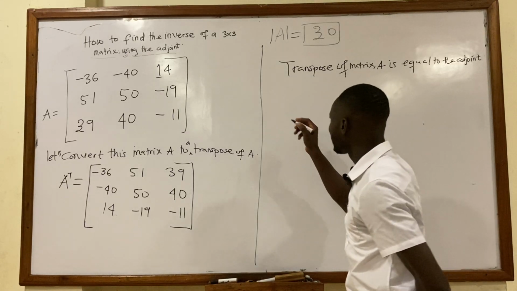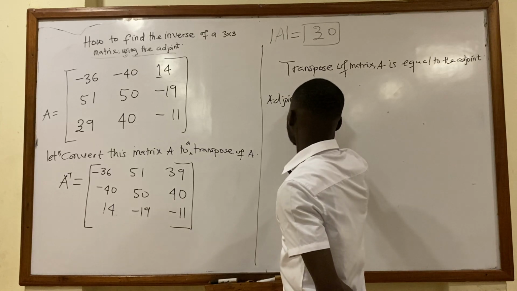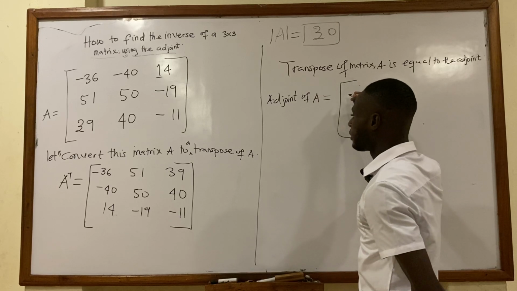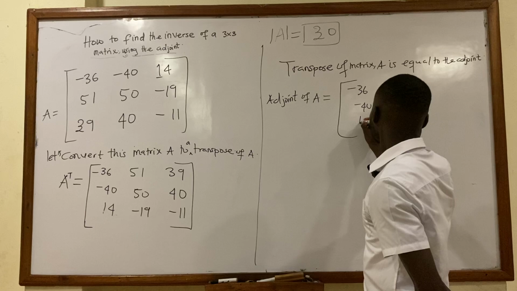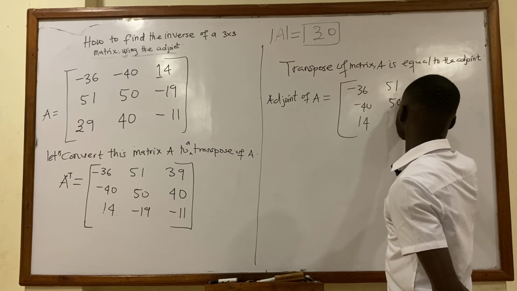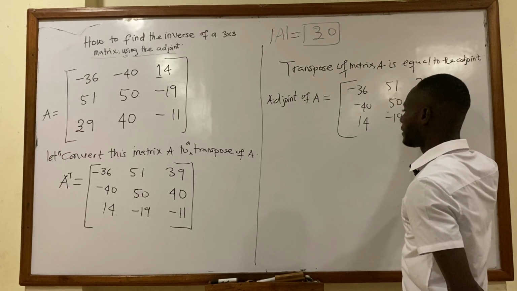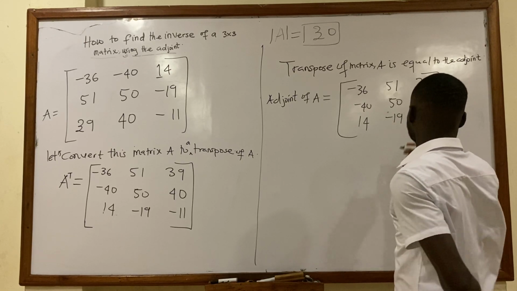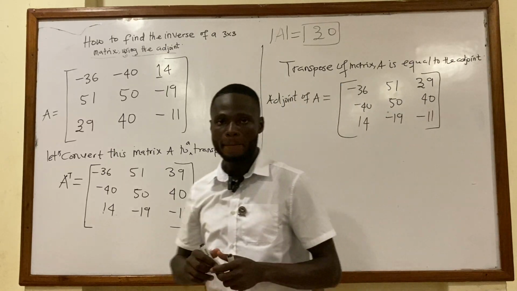So now we know that our adjoint of A is equal to minus 36, minus 40, 14, 51, 50, and minus 19. Then 39, 40, and minus 11. Good. So this is our adjoint of matrix A, right?